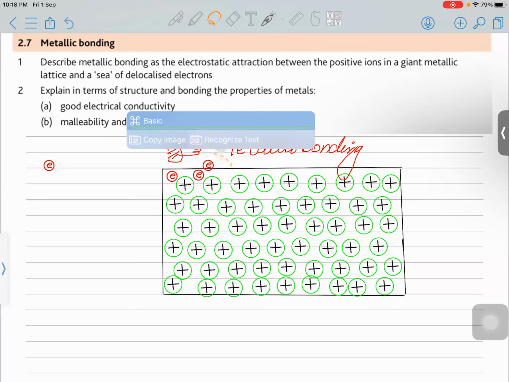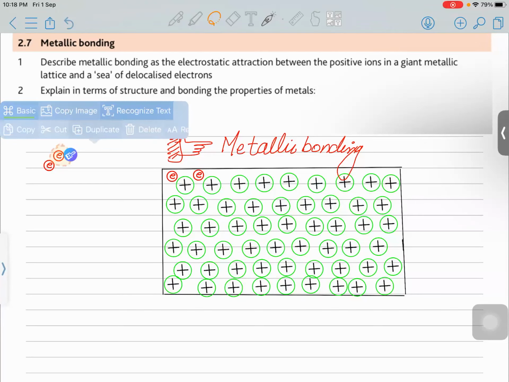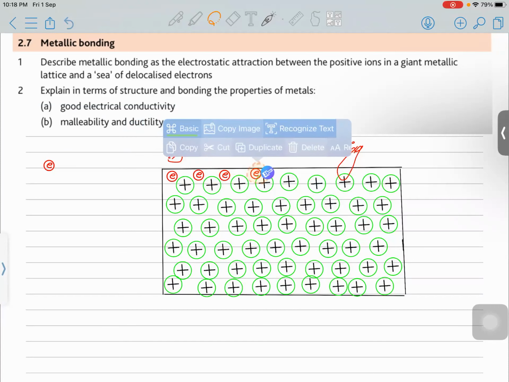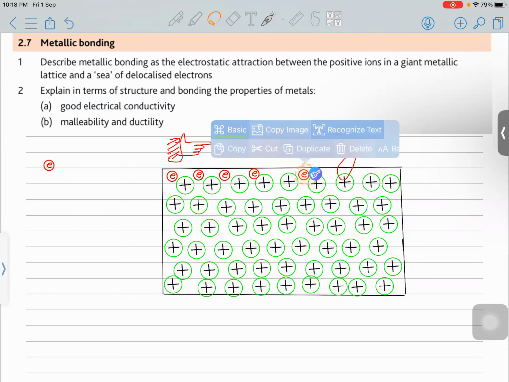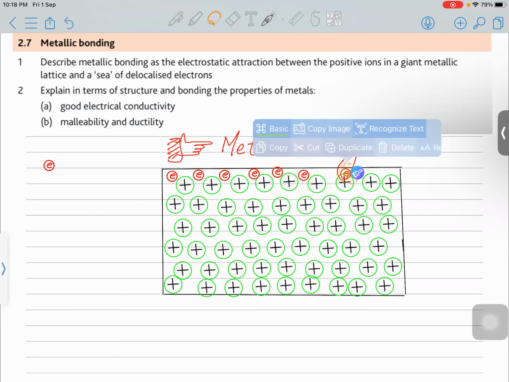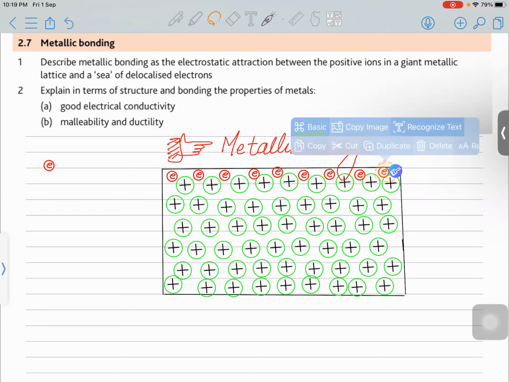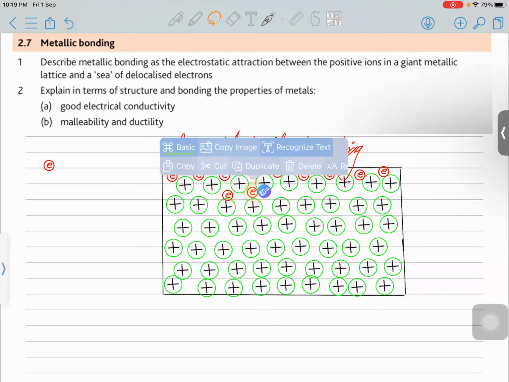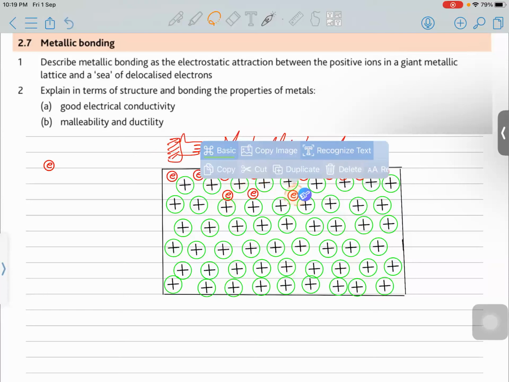These are the electrons. All are delocalized electrons. So these electrons are removed from the metal.